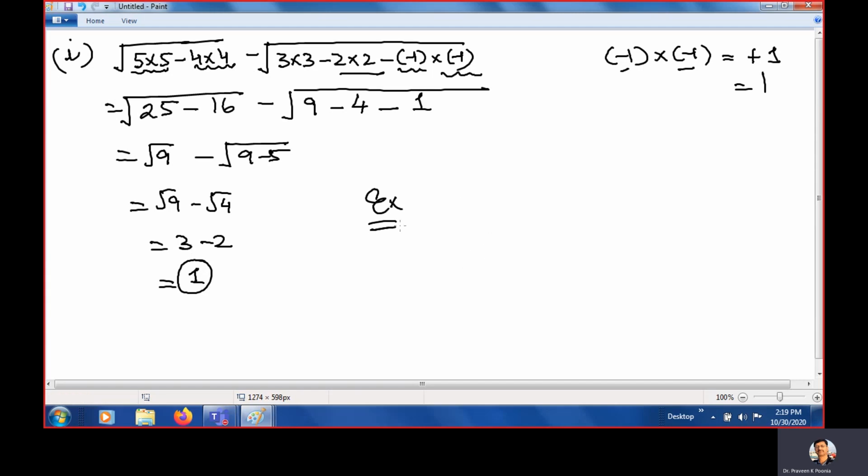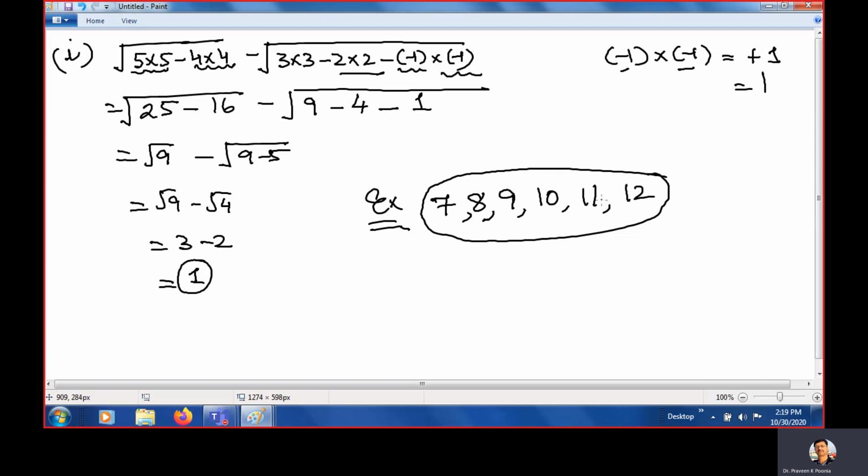This is homework for you: Exercise 7, 8, 9, 10, 11 and 12. This many questions you can solve from these two lectures, from roots, radicals and this BIDMAS rule.